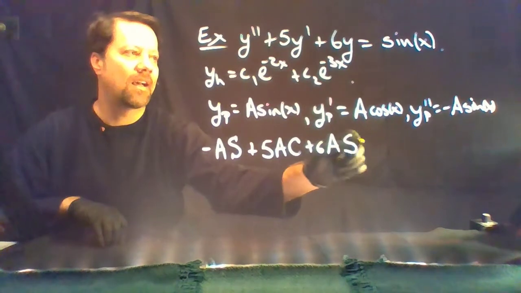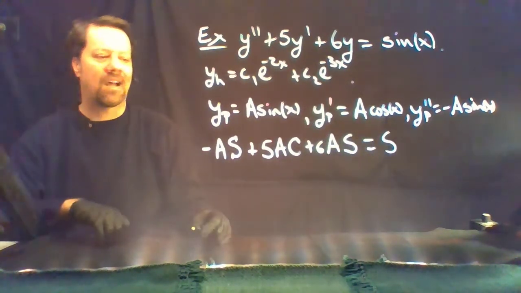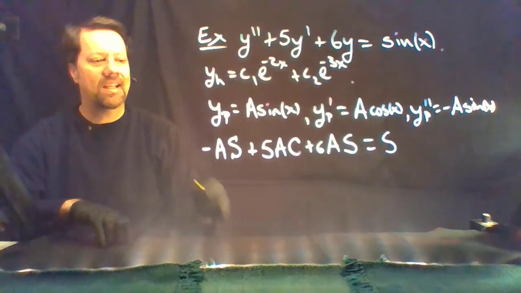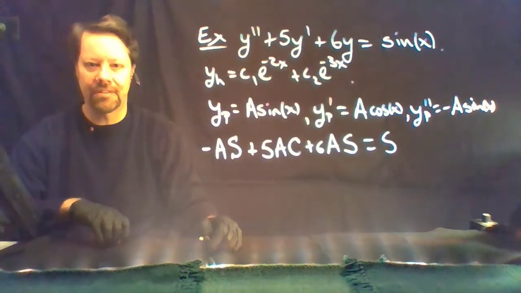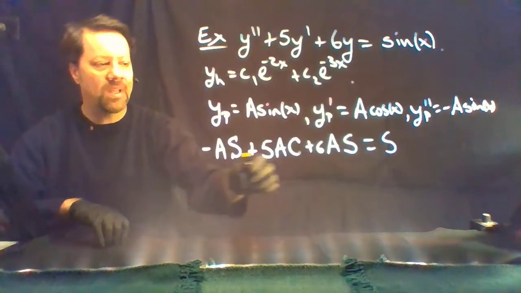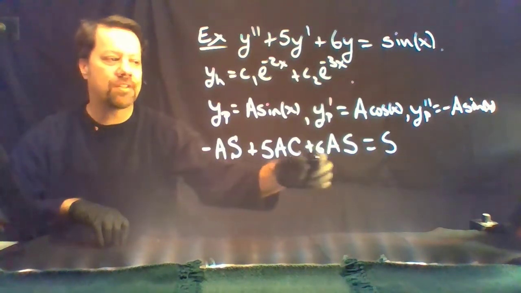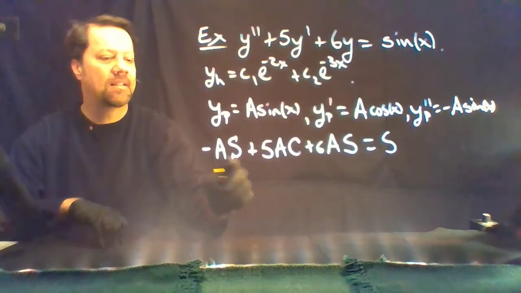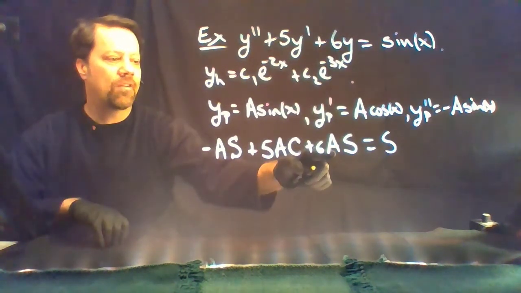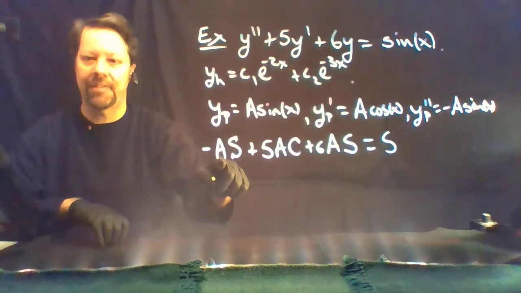6a sine equals sine. Now, once again, because sine and cosine are linearly independent functions, we equate corresponding coefficients on the left and on the right. In this case, we get a coefficient of 5a for the sine on the left.